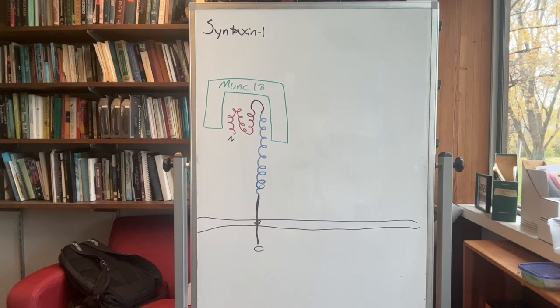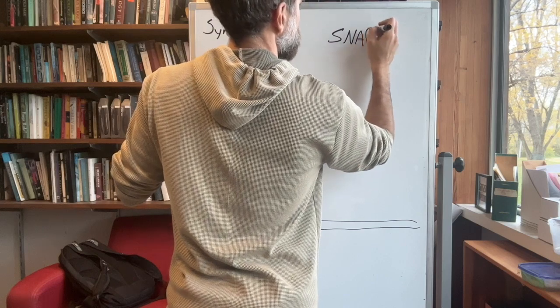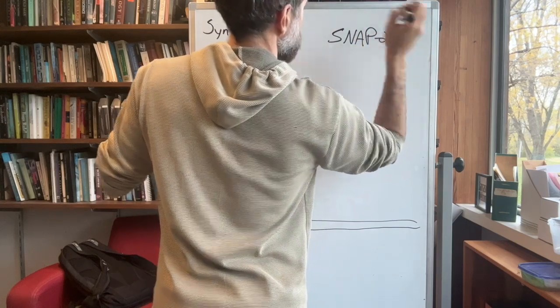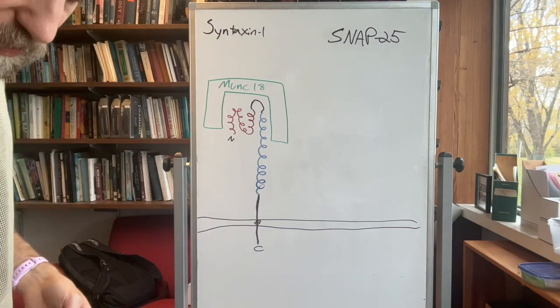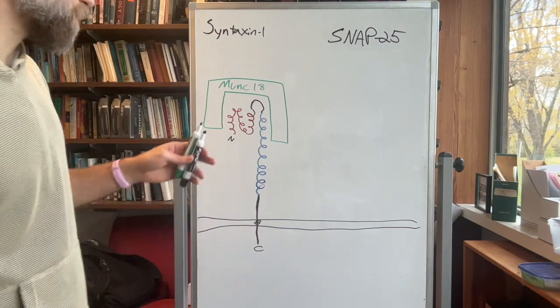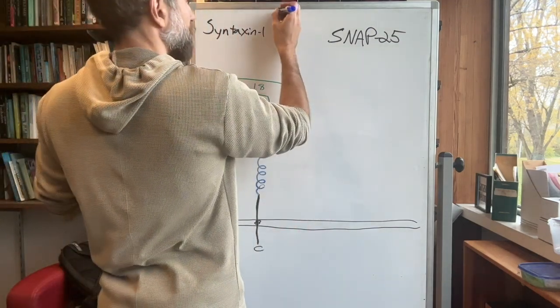Now in our active zone, here we have another protein, another snare protein, alongside Syntaxin 1. And it is SNAP25. This structure is quite a bit different, though it does still have snare motifs, because it's a snare protein, right? Both of these are snare proteins. In fact, both of these are T snare proteins.